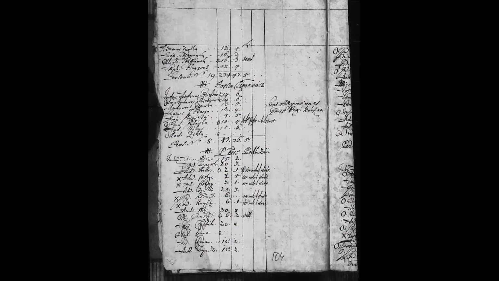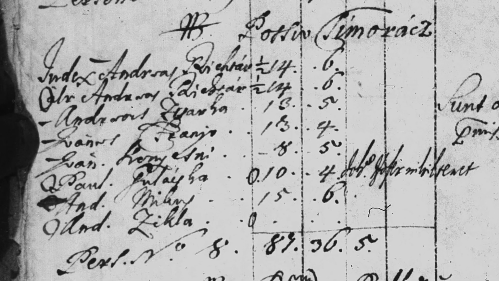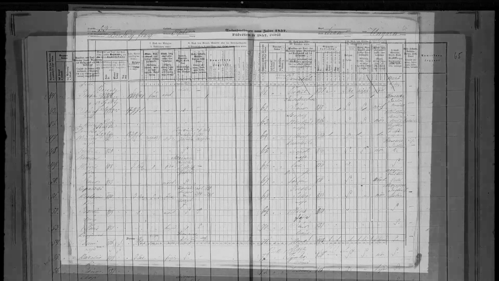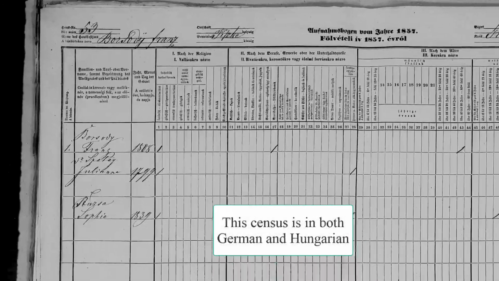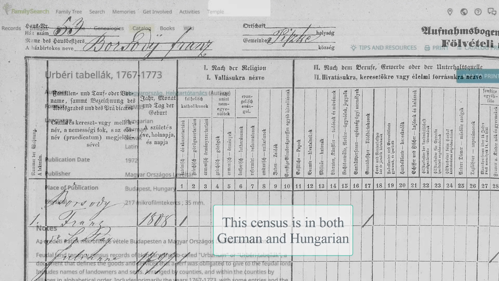Beyond vital records, census records provide snapshots of families at specific points in time. While the first nationwide census occurred in 1784 to 1785, more detailed censuses listing household members emerged in the 19th century, including those of 1869, 1880, 1890, 1900, and 1910.